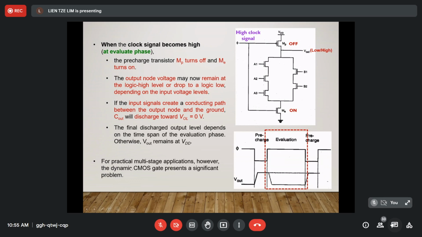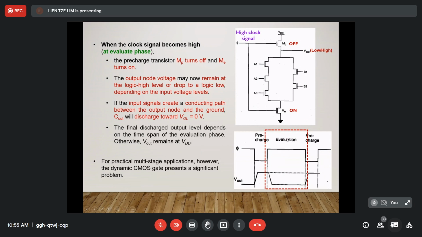For practical multi-stage applications, however, the dynamic CMOS gate presents a significant problem. Just now I missed this diagram. When the clock is high, we call it the evaluation phase.